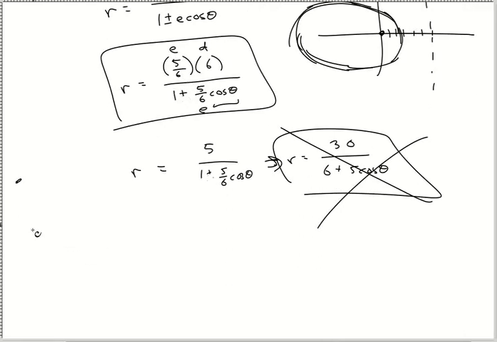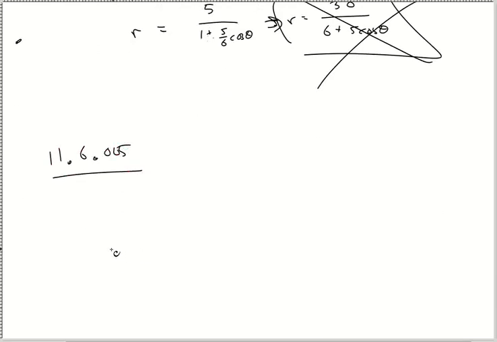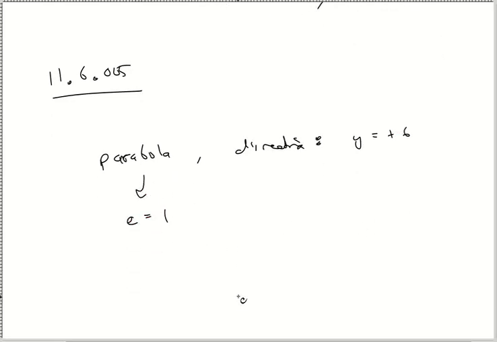Moving on. 116005. I have a parabola, and they just say, hey, you're going to have a parabola. And they say we have a directrix of y equals positive 6. When you have a parabola, that means e is equal to 1. Literally just 1.0.